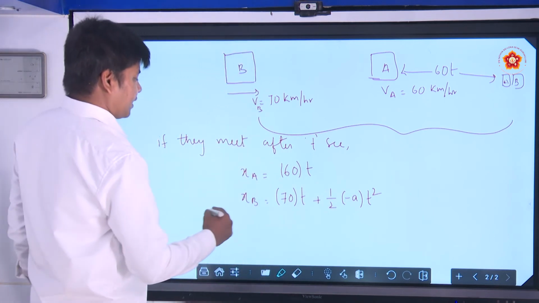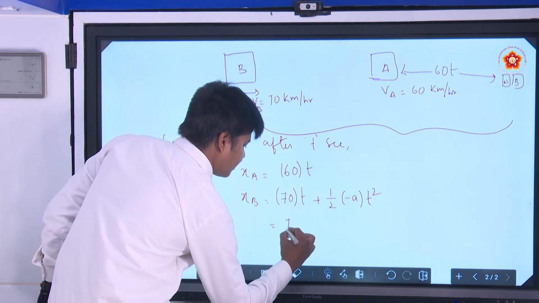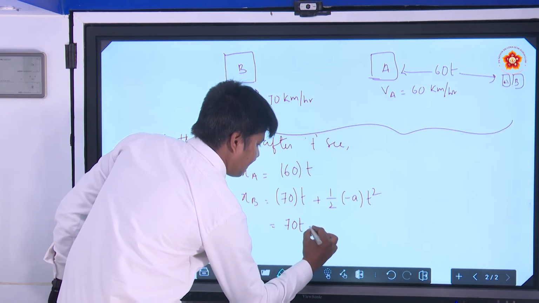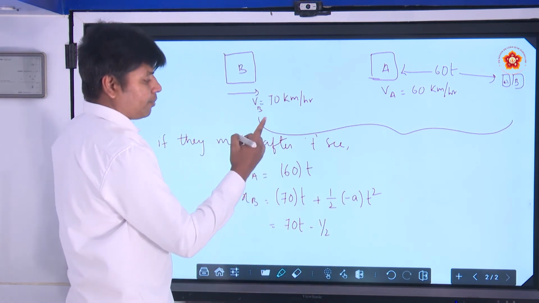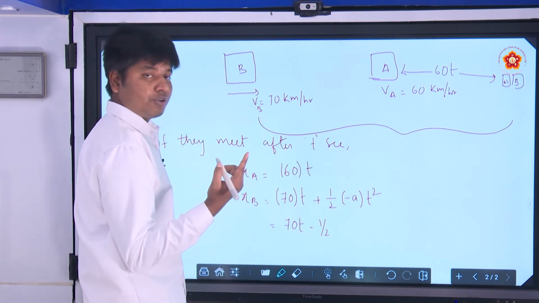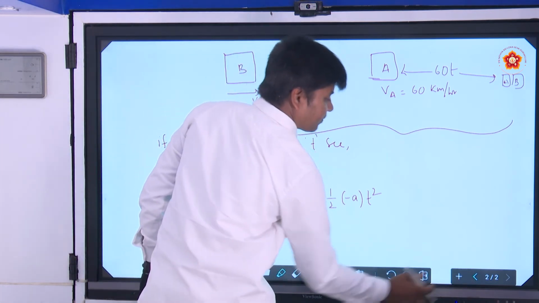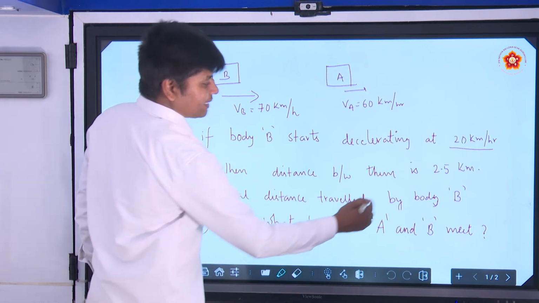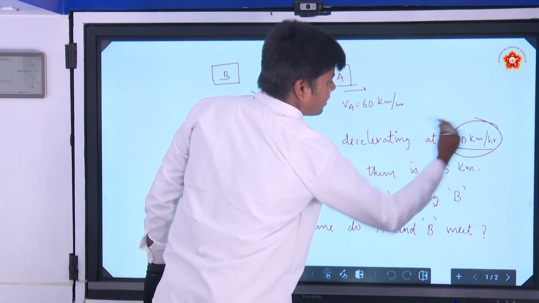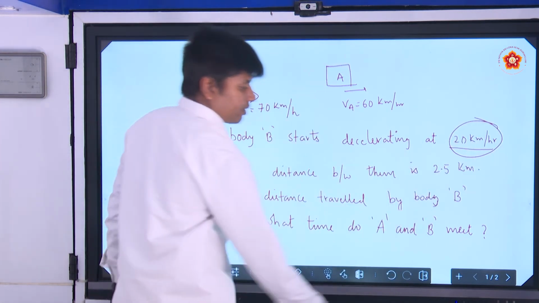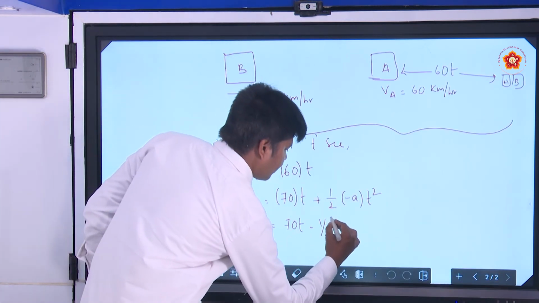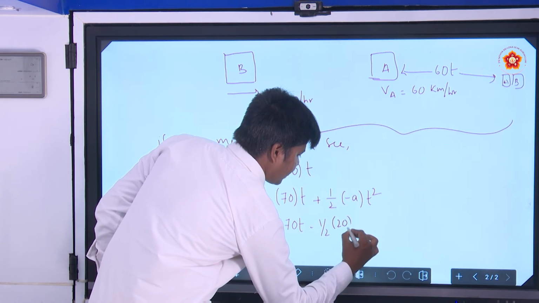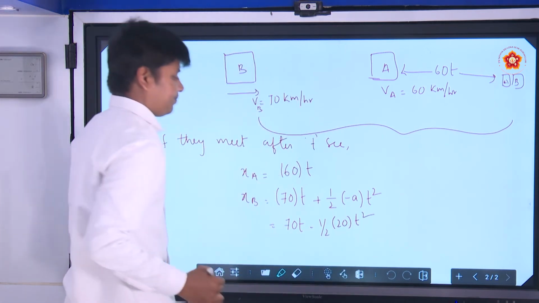It becomes 70t minus half, the deceleration is 20 kilometers per hour squared, into 20 t square.